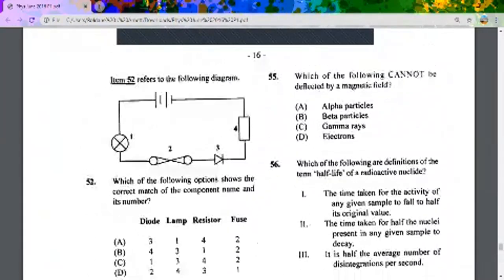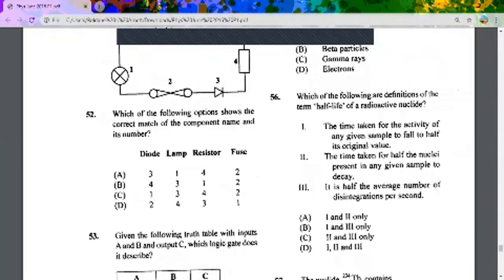Which of the following are definitions of the term half-life of a radioactive nuclide? The answer to this would be I and II. The time taken for the activity of any given sample to fall to half its original value.